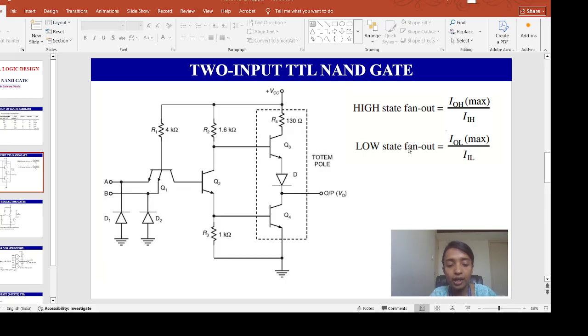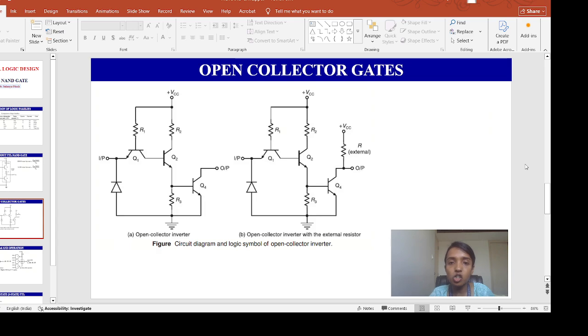Now we shall move on to the next part, which is open collector gates. So we can see this circuit has been modified from the ideal 2-input TTL NAND gate. TTL gates may have the totem pole output. Totem pole output means that Q3 and Q4 are connected in the totem pole fashion.